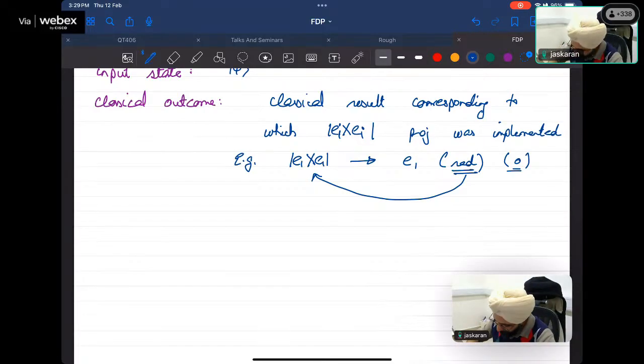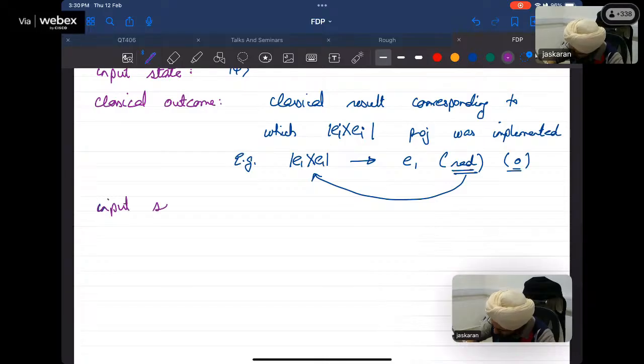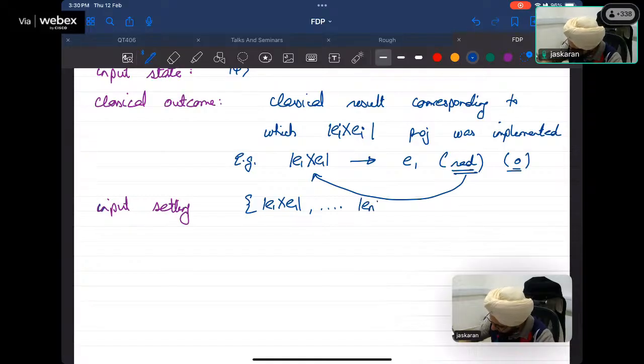And then we have chosen an input setting. The input setting basically chooses which basis we are using.